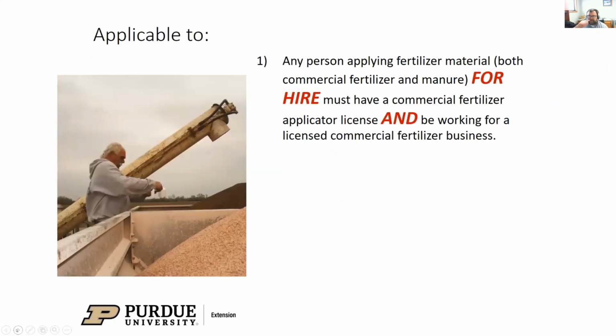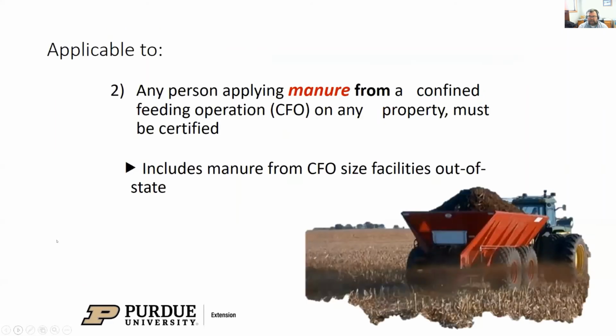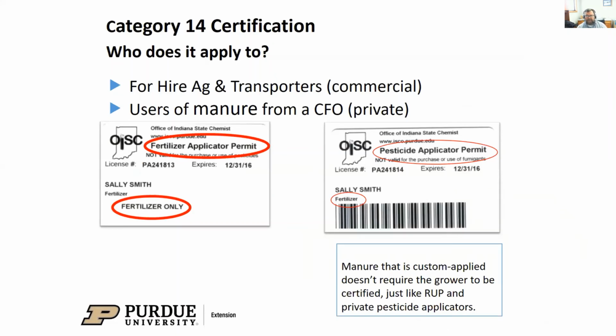So again, any person applying fertilizer material for hire must have the applicator license and be working for a licensed company. That applies to manure from a confined feeding operation and from out-of-state as well. So we're looking at the Category 14 certification, and you can see this is what the licenses would look like.